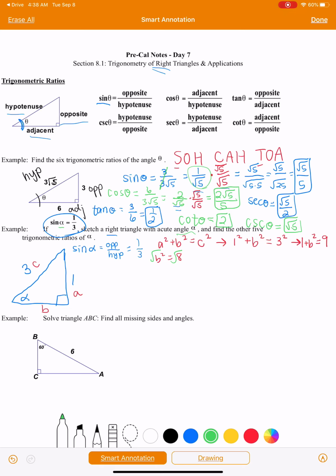My side length has to be positive if we're talking about a side length. It can't be negative. Okay, so b is square root of 8. We do want to simplify that as much as we can. We're trying to think, okay, what is a factor of 8 that has a perfect square root? So that would be 4.